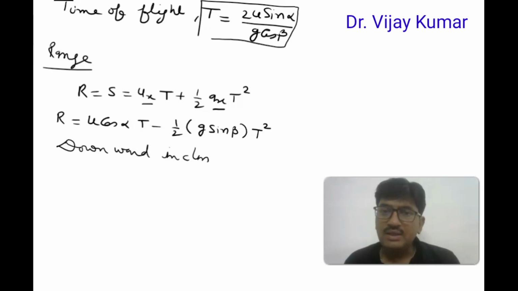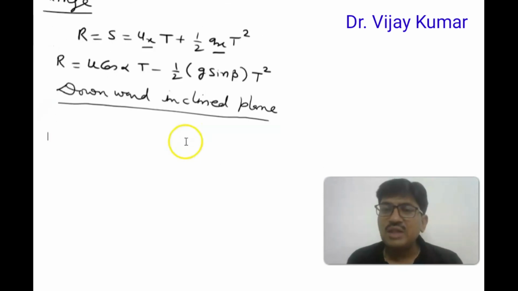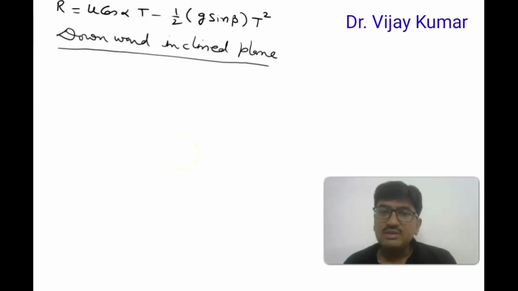And similarly, if we take the case of a downward inclined plane, this case shows a slightly different result. Suppose this is the inclined plane and this angle is beta.